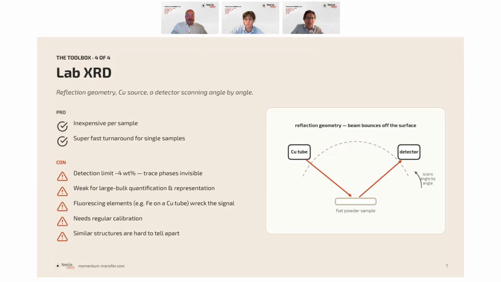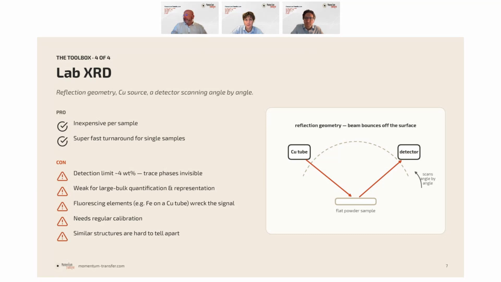Plus, if you have a copper tube, which in my experience, 99% of the instruments out there do have, you do have serious issues with fluorescence for all the elements that come below copper in the periodic table. So that'd be iron, cobalt, manganese, nickel. They all fluoresce quite horribly and muck up your signal quite substantially.